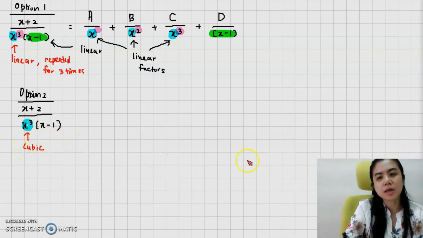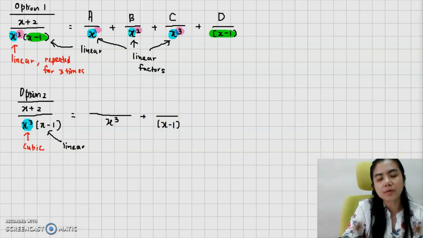Of course, the next will be linear. Then this cubic will become the denominator of one of the fractions, and this will be another fraction. This is x minus 1.